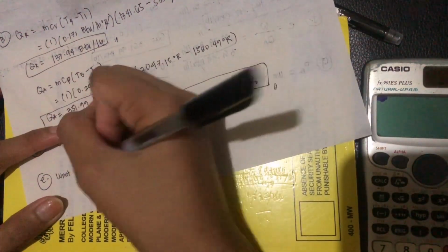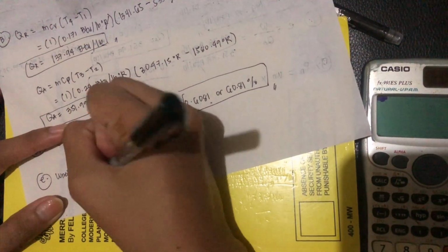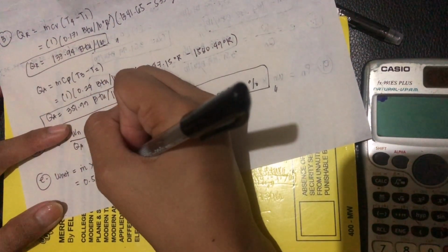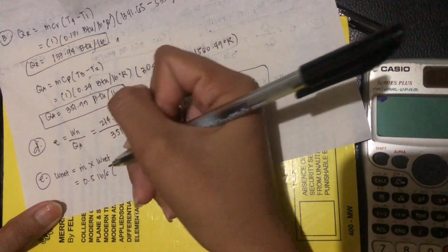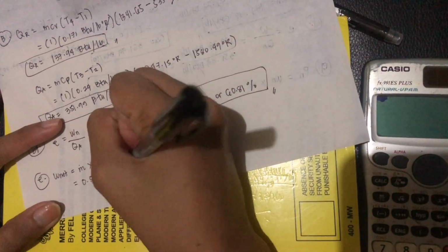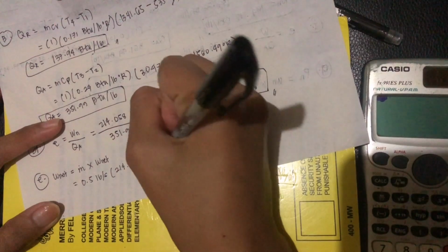Given is the mass flow rate of 0.5 pound per second, multiplied by our W net of 214.058 BTU per pound.